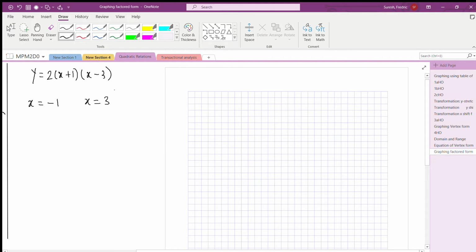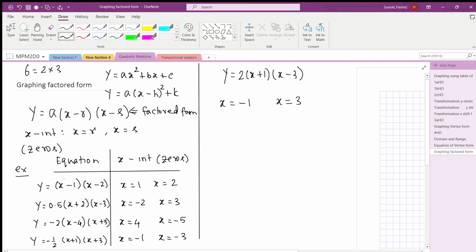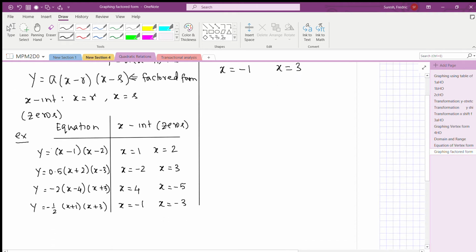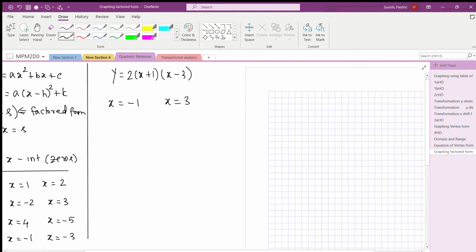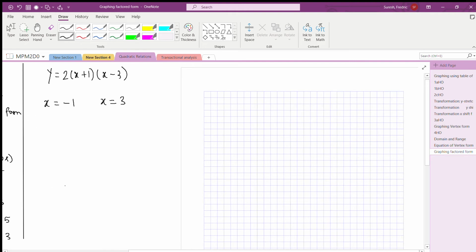And you might have noticed from before, these a values that we have, a equals 1 in this case, and then 0.5, negative 2, negative half, they don't have an influence on the x-intercepts themselves. However, they will tell you the shape of the graph and which way the graph opens up or down. So let's get a grid going.